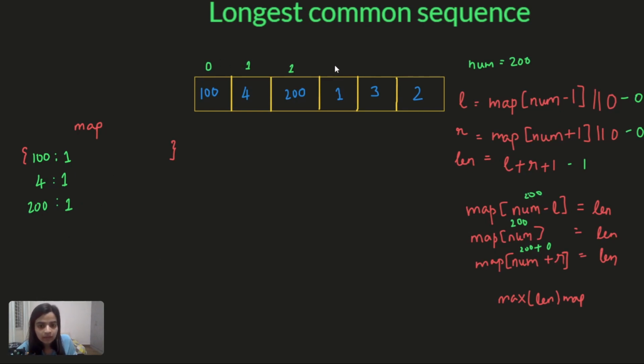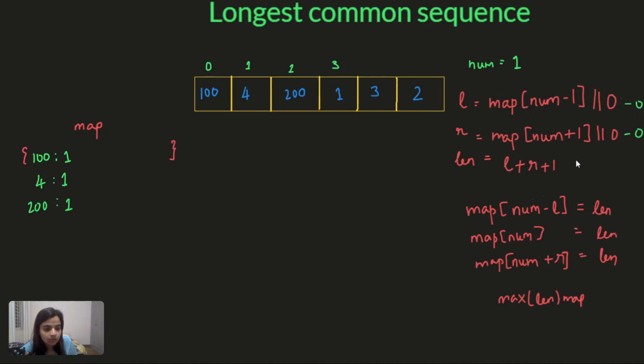Now let's go to the next iteration. Okay, so in this iteration our num value will be 1. Map of num minus 1, 1 minus 1 is 0. Does map of 0 exist? No. So it is 0. Num plus 1 is 1 plus 1, which is 2. Does key 2 exist in the map? No, so 0.